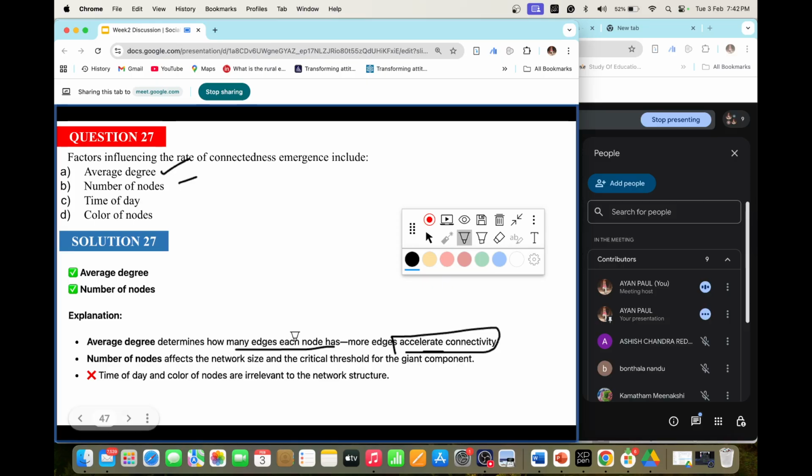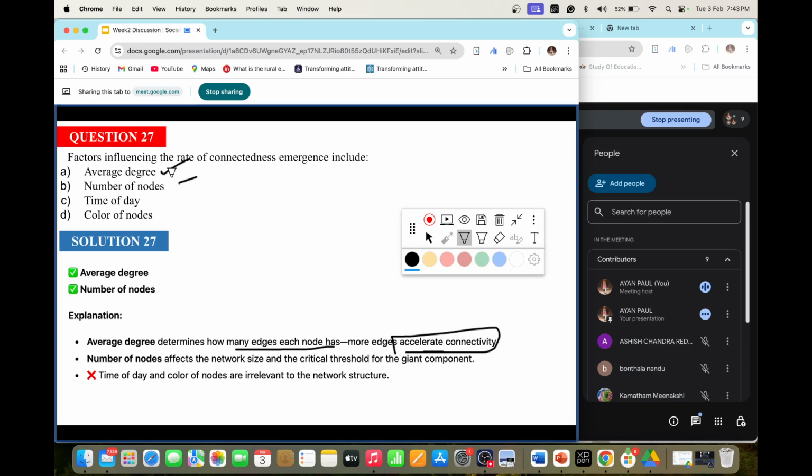So with a higher average degree, more edges will accelerate the connectivity, right? We have seen, like, 25 into 25 friends in a cluster. If you increase the number of nodes, what will happen? The number of connections will also increase.